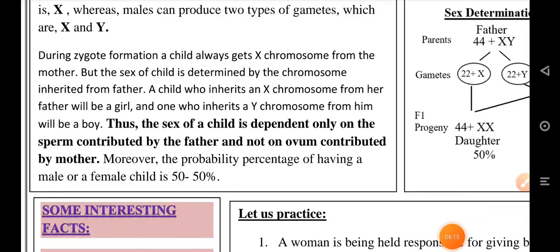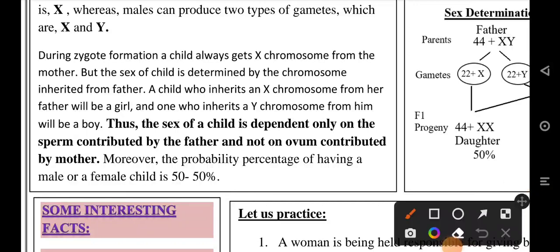The sex of a child depends only on the sperm contributed by the father, not the ovum contributed by the mother. Moreover, the probability of having a male or female child is 50%. Either it can be a girl or a boy. So this is how sex is determined in humans.